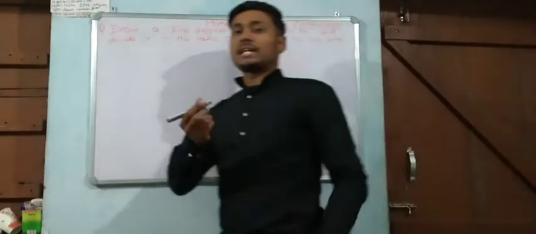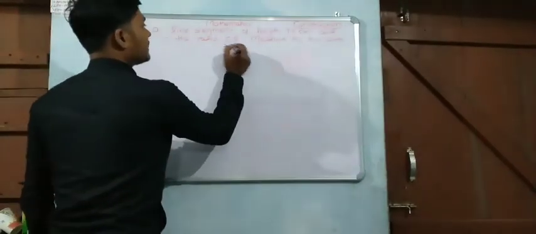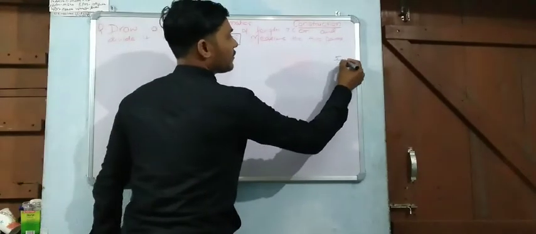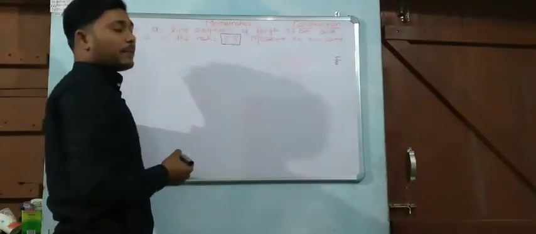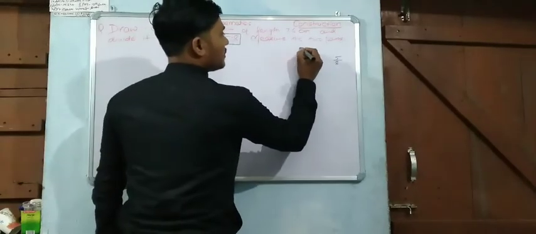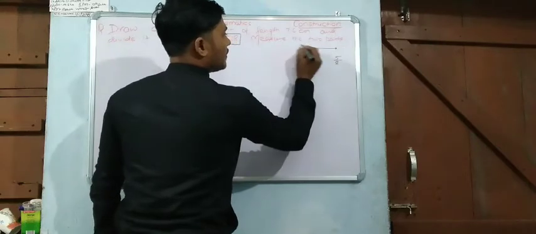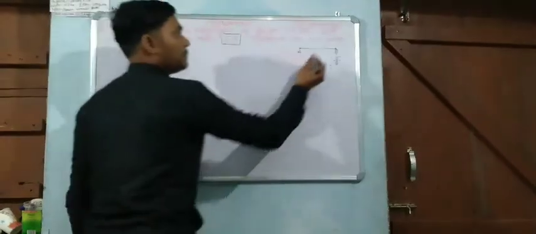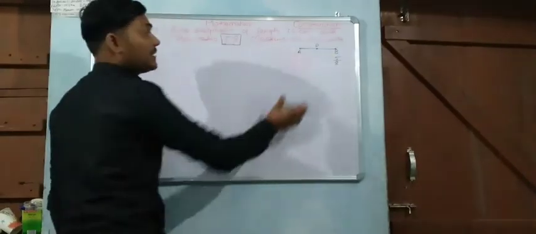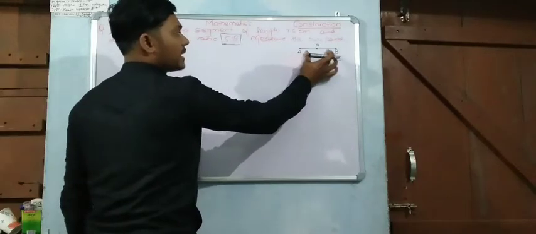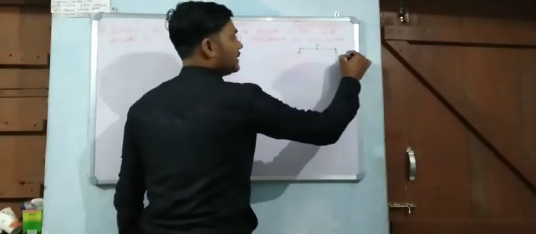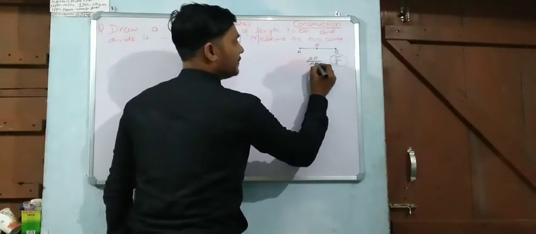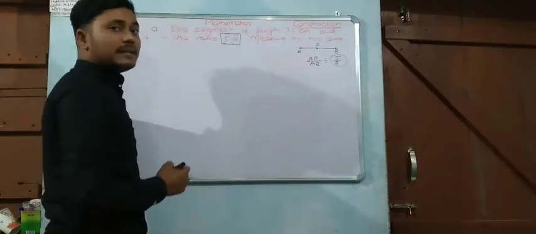Sometimes one more type of question will come in which the ratio is not given directly like 5:8. For example, AB is a line segment and P is a point which divides AB in two parts in such a way that AP upon AB is equal to 5/8.